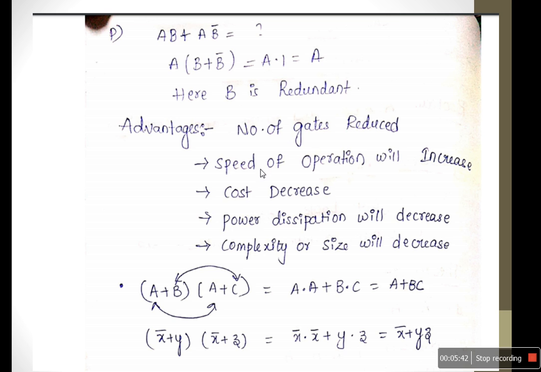So the speed of operation also increases, and the cost also decreases, because in order to construct this expression we need two AND gates, one NOT gate and one OR gate.